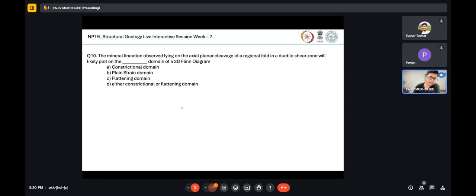So if you remember the Flinn diagram, we have k is equal to 1, k is equal to 0, k is equal to infinity, and we have constriction. This is plane strain. This is flattening.